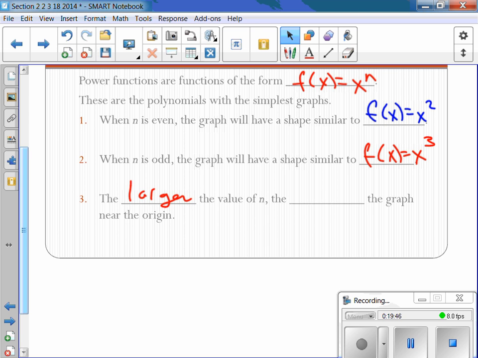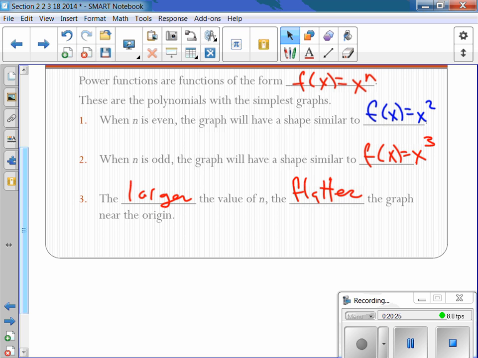So what's happening is, the closer I am to the origin, as n is larger and larger, the more flat it's going to be. So if I look at f of x equals x squared compared to f of x equals x to the 20th, it's going to have that same shape, but right there at the origin, it's going to be a lot flatter than my x squared.